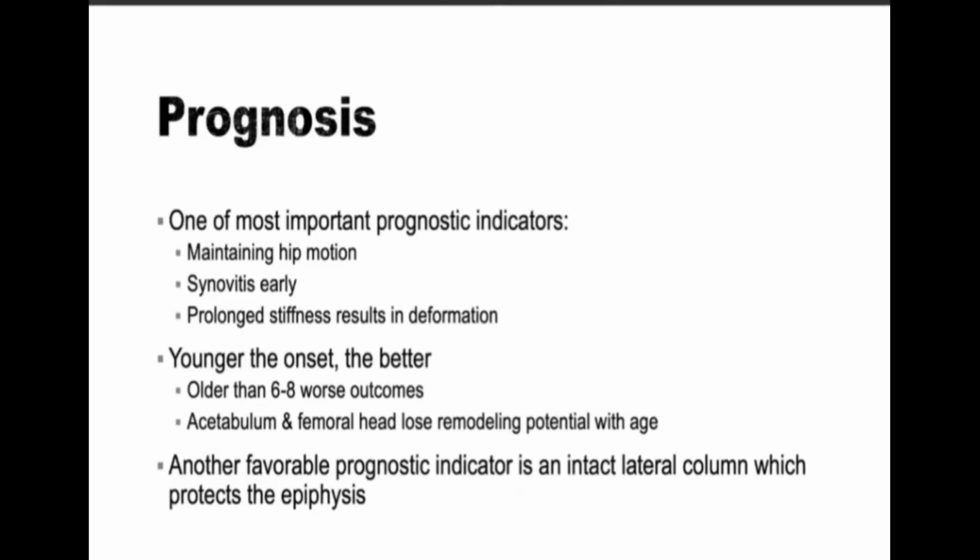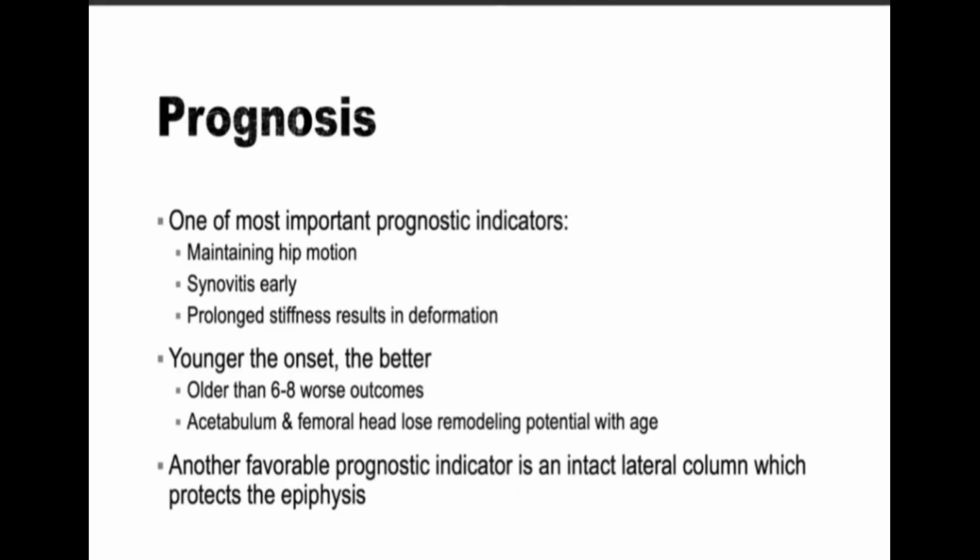So the prognosis, one of the most important prognostic indicators is maintaining that hip motion, because as the hip goes through this process, the way I try to describe it to families is the hip turns into Play-Doh, and we want to use the natural acetabulum as a mold because we want that hip to be as round as possible at the end of the remodeling phase.